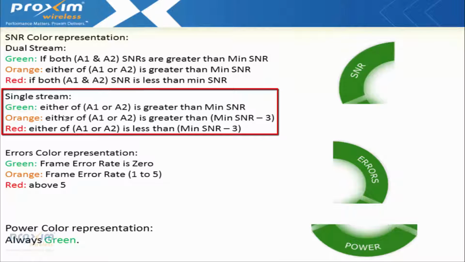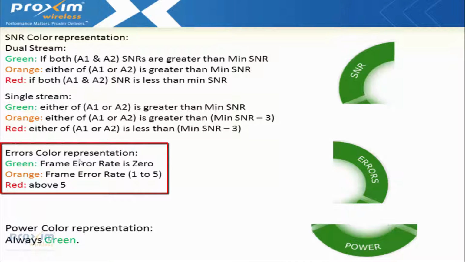In single stream, green is either A1 or A2 is greater than the minimum. Orange is either A1 or A2 is greater than the minimum minus 3 dB. And then red is either A1 or A2 is less than the minimum SNR minus 3 dB.